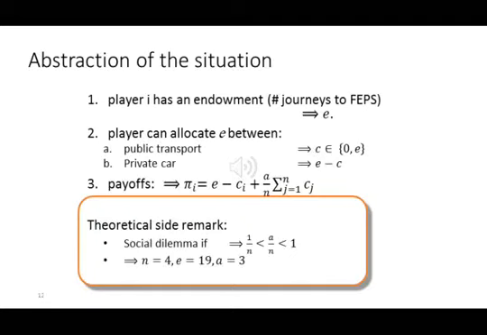This is the MPCR, multiplied by the summation of contributions of every individual going to FEPS, the summation of Cj, where j goes from 1 to n: all the contributions of everyone going to FEPS, in the form of their use of public transportation.